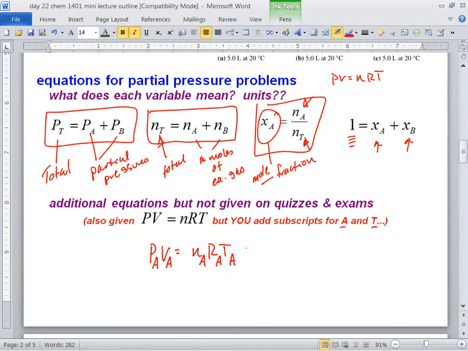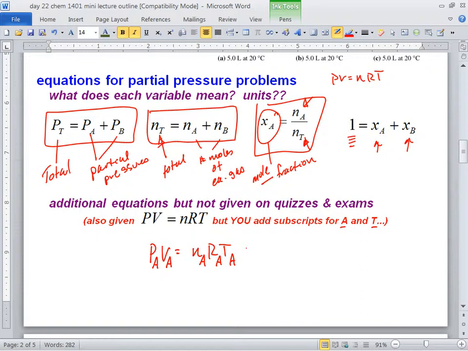Now, A is supposed to mean, what did A mean up here? Yeah, partial pressure. It was PA, right? It just meant gas A, one of the gases. So PA would be the partial pressure of A. That's the same PA as what's up there, okay?